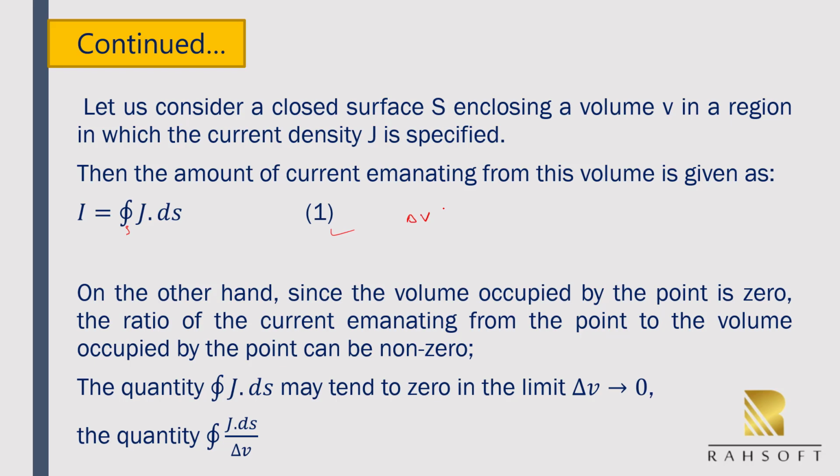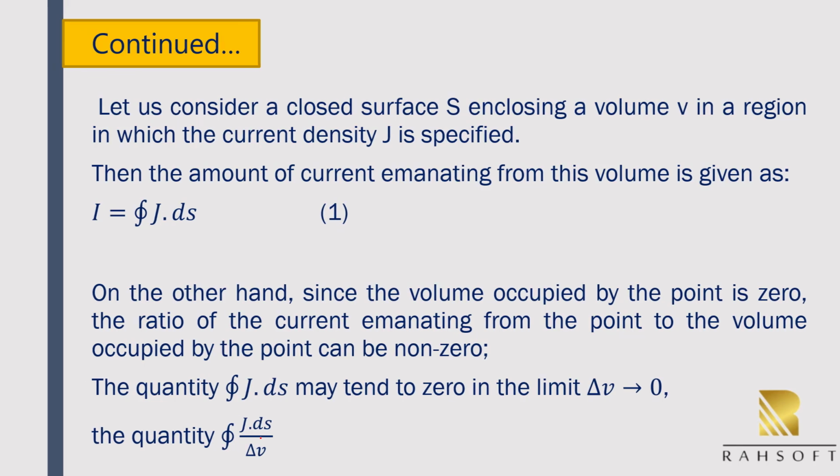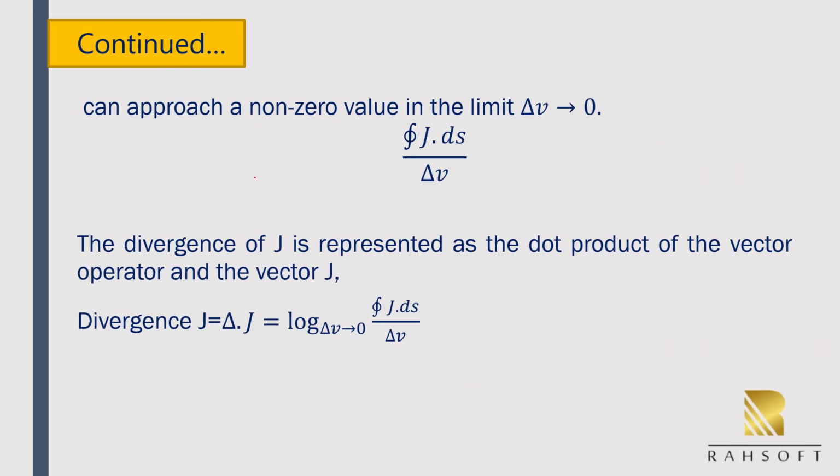On the other hand, since the volume occupied by the point is 0, the ratio of the current emanating from the point to the volume occupied by the point can be non-zero. That is, the quantity closed integral over delta S of J dot ds by delta V can approach a non-zero value in the limit delta V tends to 0.